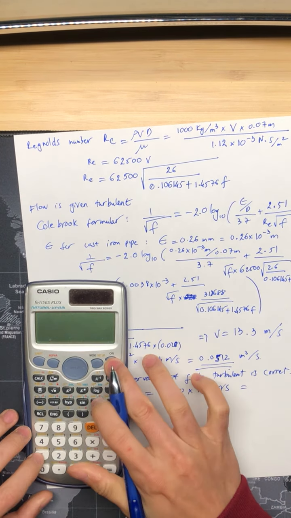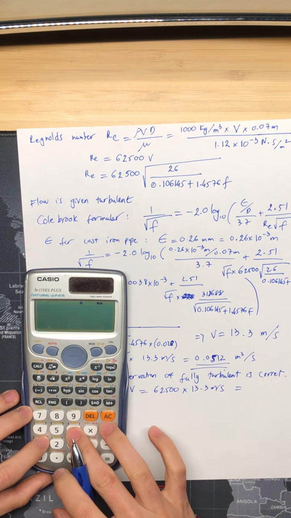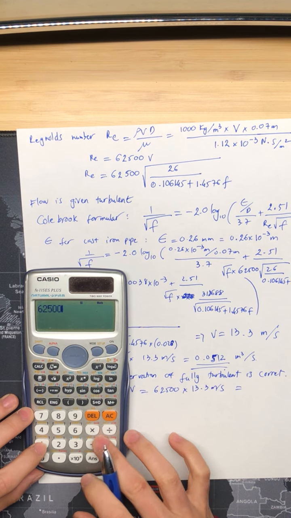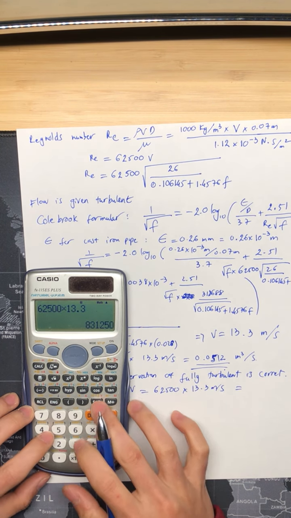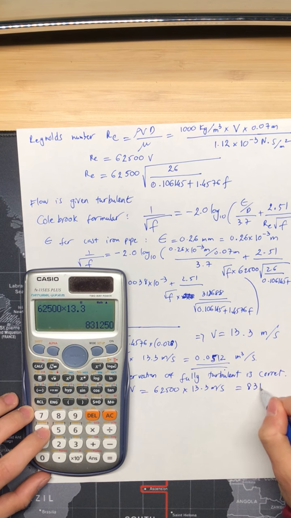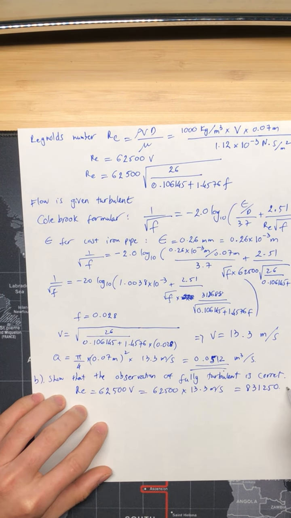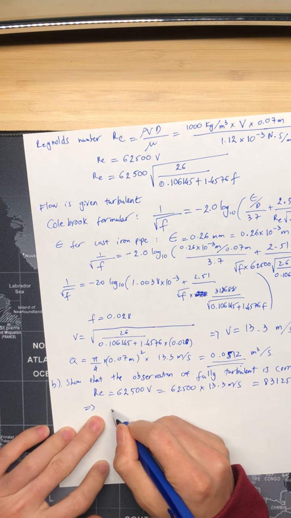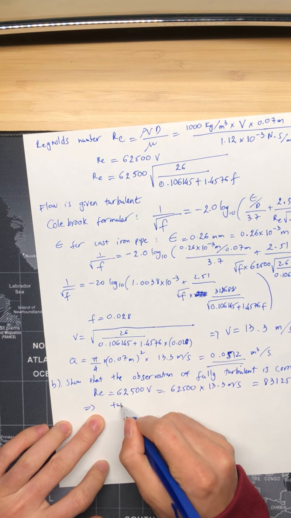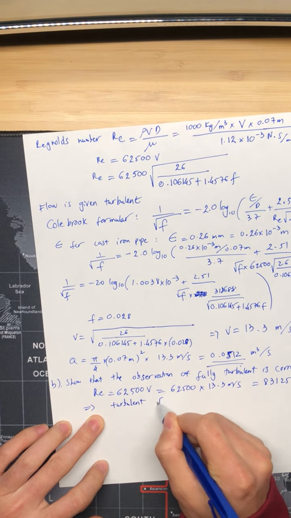We have 831,250. This is way above 2000, which means this is turbulent flow.